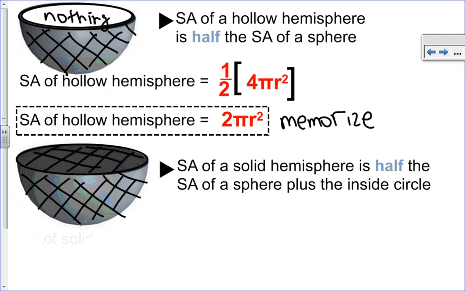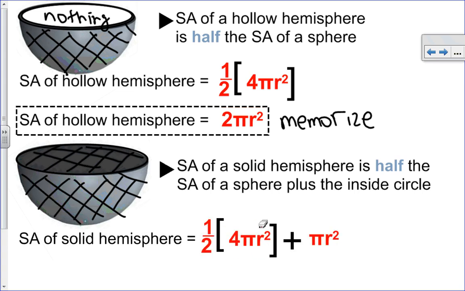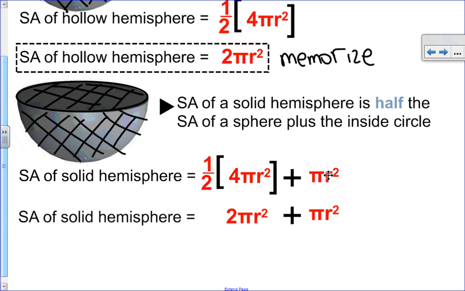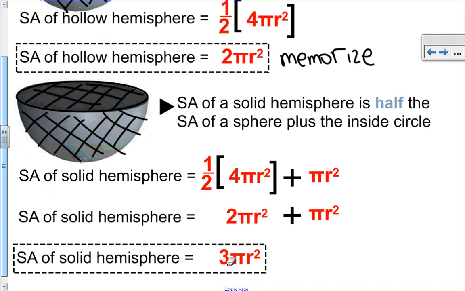So in terms of the formula, I take half of the sphere plus the area of the circle on top. We already know half of 4 pi r squared is 2 pi r squared, but we have the area of that extra circle on top, which means that the surface area of a solid hemisphere is 3 pi r squared. Again, I want you to memorize this formula.